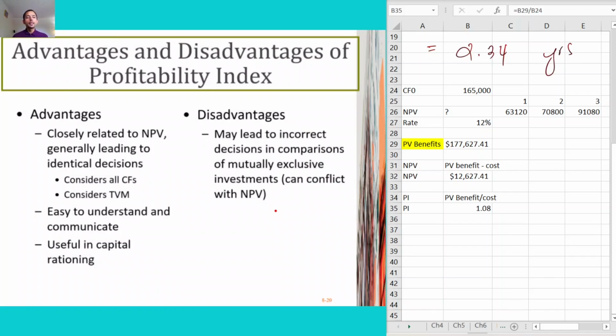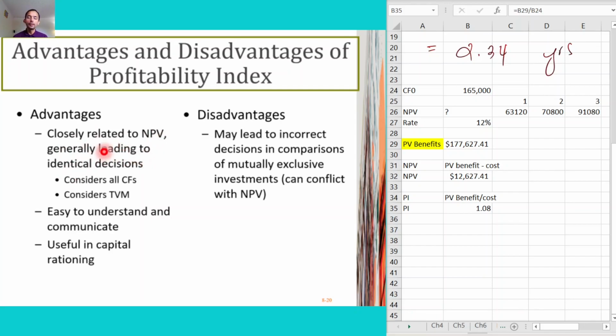So let's look at the advantages and disadvantages of the profitability index. Advantage: it is closely related to NPV. And why is that a good thing? Because we know NPV is the king. Any relation with the king is always good, isn't it? Generally leading to identical decisions.